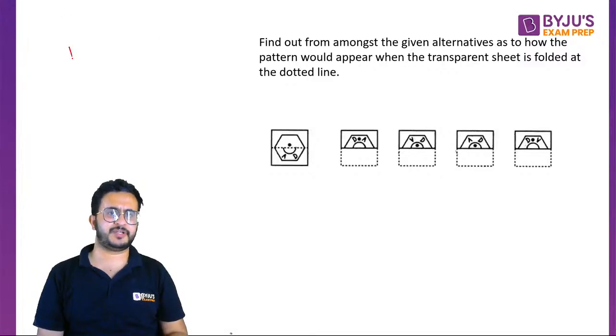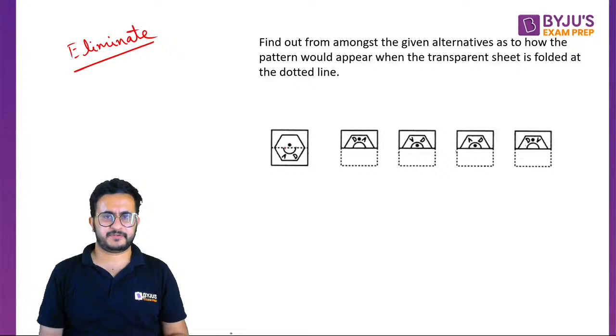So whatever type of questions, be it series based or any of those things, I check element by element and then eliminate options. So for example, when you turn this upside, there should be a dot and then a semicircle like this, right? So in this case, the dot is missing. In this case also the dot is missing. So two options are gone. Now we are left with two more options.